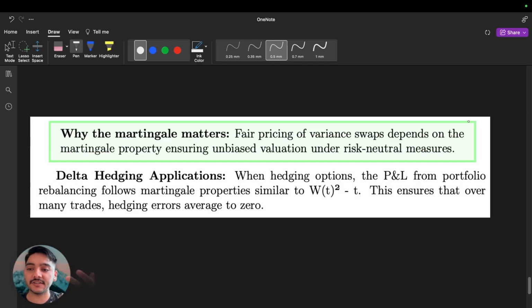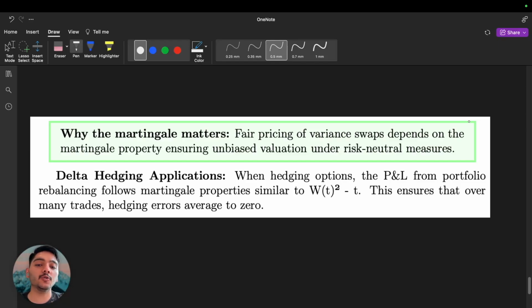This result provides the theoretical foundation for variance trading, delta hedging strategies, and derivative pricing. The Martingale property ensures that under risk-neutral measures, there are no arbitrage opportunities in variance-sensitive instruments. While real markets deviate from pure Brownian motion through jumps, transaction costs, and stochastic volatility, these frameworks remain essential for understanding variance behavior and constructing robust trading strategies.